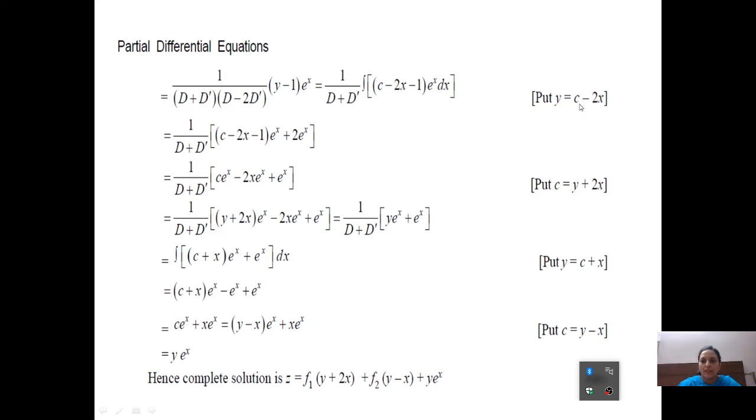This minus 2 comes from this part of the factor. So we replace y with a c minus 2x kind of term just to solve our question, because we are going to put the value back into y at last. So it will make no difference. It is just to solve the question.